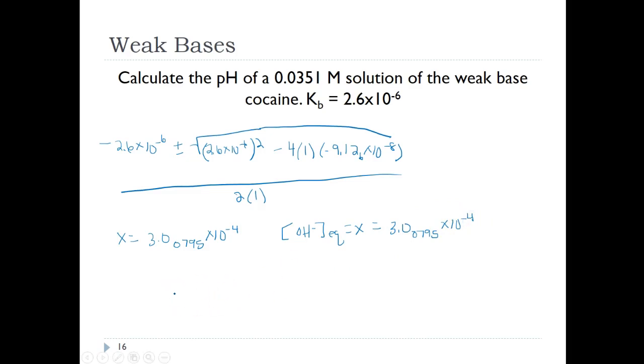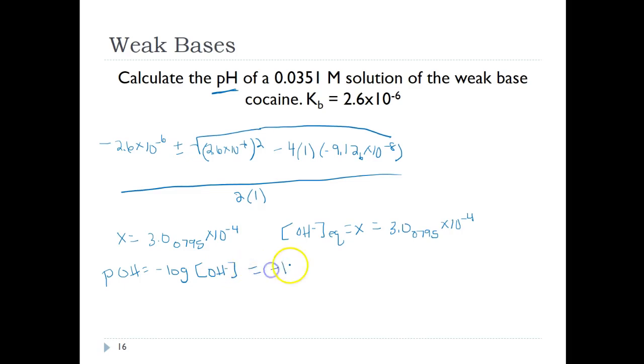So the point of this problem is to calculate the pH. Well, I have the hydroxide ion molarity, not the hydronium. So my approach is going to be to determine the pOH, which I get from taking the negative log of the hydroxide ion.